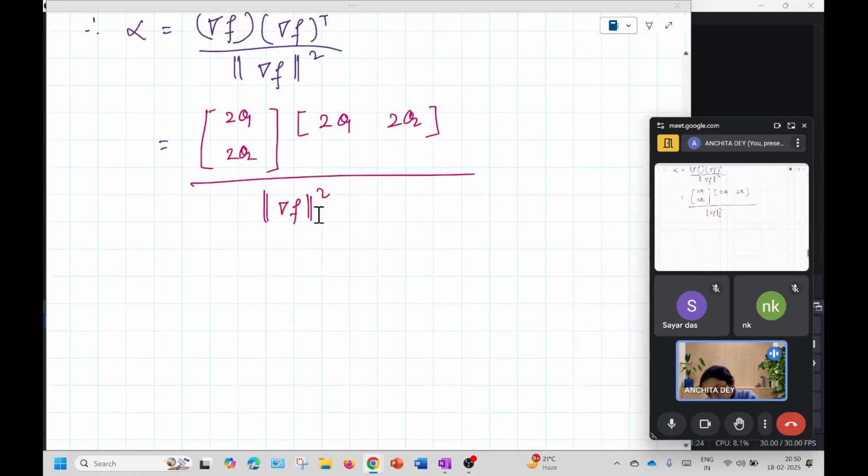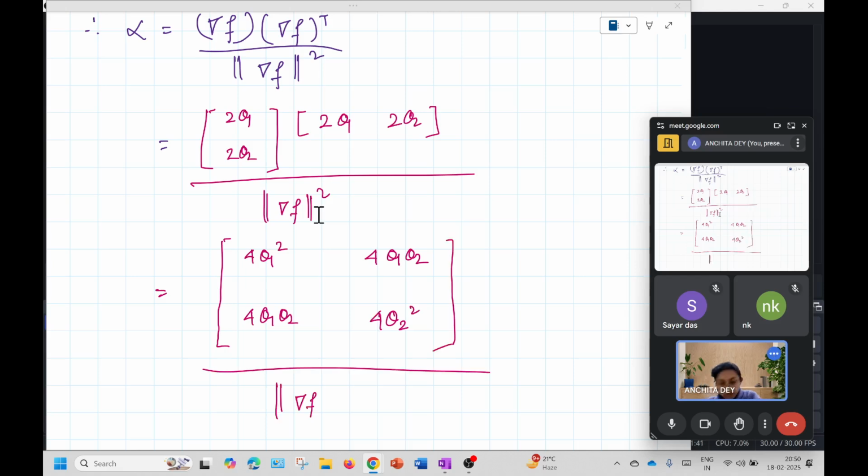And then this becomes equal to 4 theta 1 square, 4 theta 1 theta 2, 4 theta 1 theta 2 and 4 theta 2 square, divided by the norm of grad f squared.